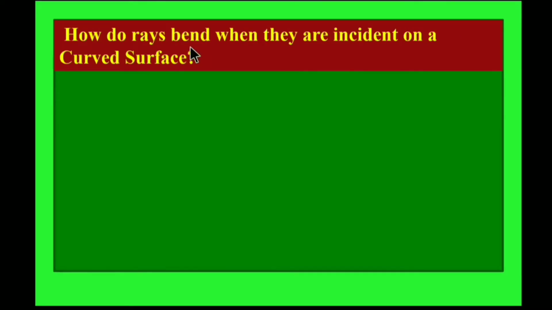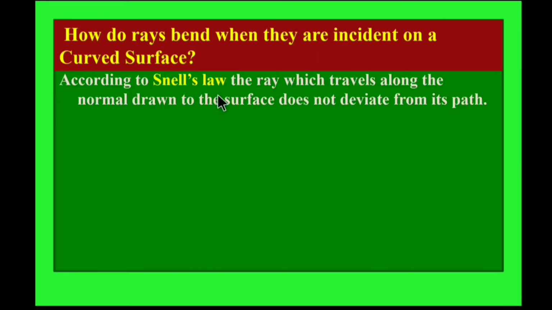How do rays bend when they are incident on a curved surface? According to Snell's law, the ray which travels along the normal drawn to the surface does not deviate from its path.